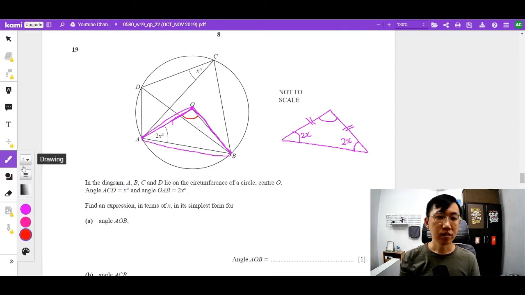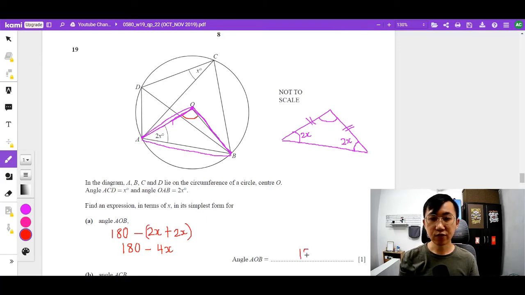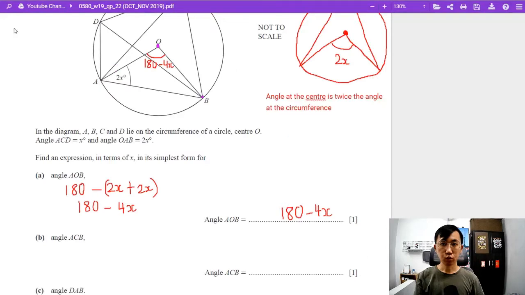So the angle AOB can be written as the expression 180, you want to write degree or no, up to you, minus 2x, and then plus, because these two have to add together. So it's basically 180 minus 4x. Okay, so that is the answer for part A right here.